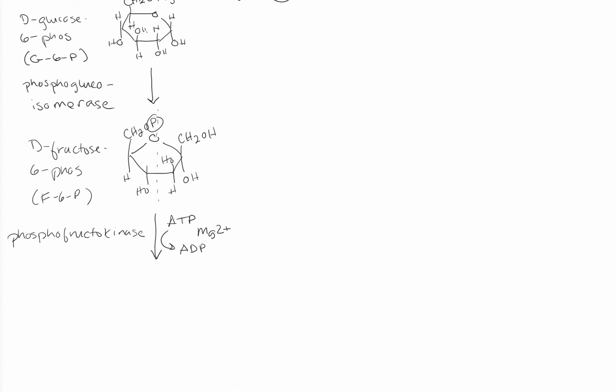And you may be able to guess where it's going based on that discussion of pseudosymmetry we had before. We're still going to have the fructose ring. But now we're going to be phosphorylating this first carbon.